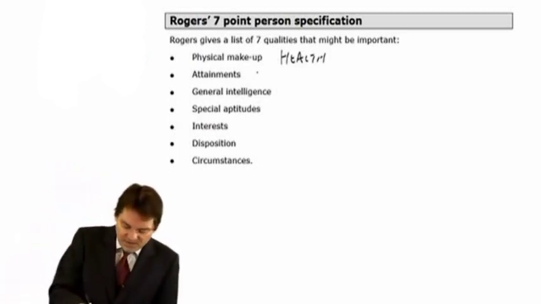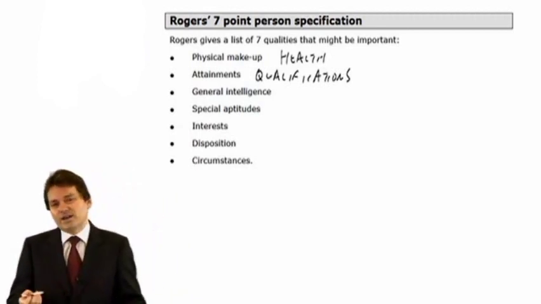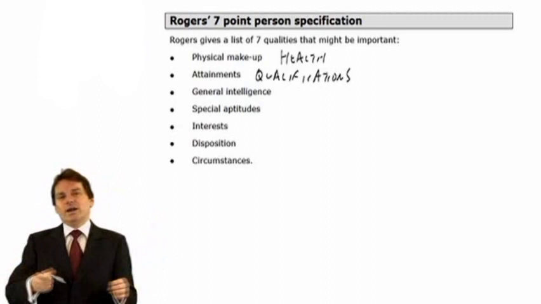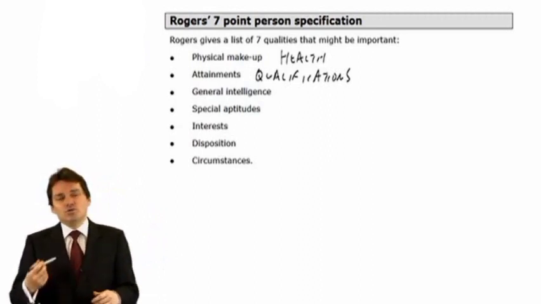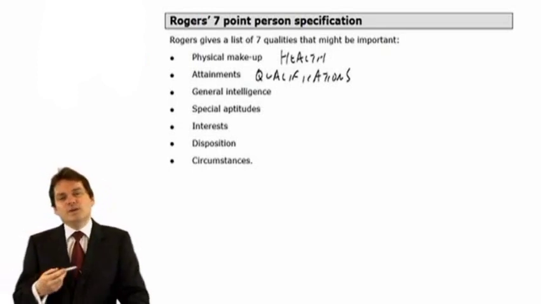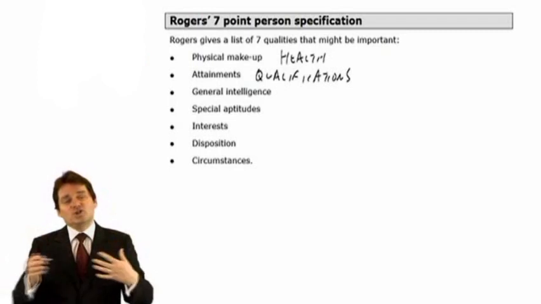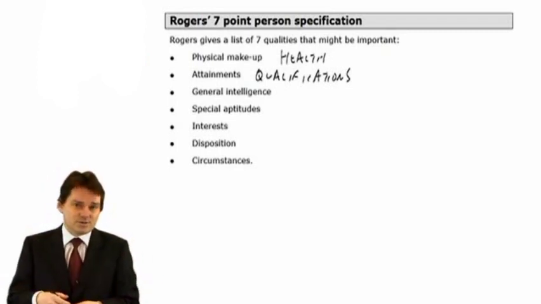Attainments. Things like qualifications. As a lecturer in accountancy, what kind of qualifications do you expect that I have got? Well, presumably, one of the key things, because I'm training you to be an accountant, would be for me to have an accountancy qualification, which I have. I am a qualified accountant.